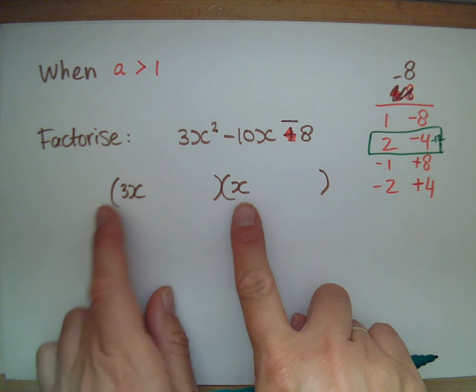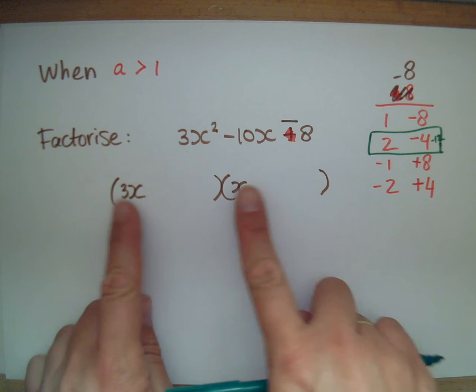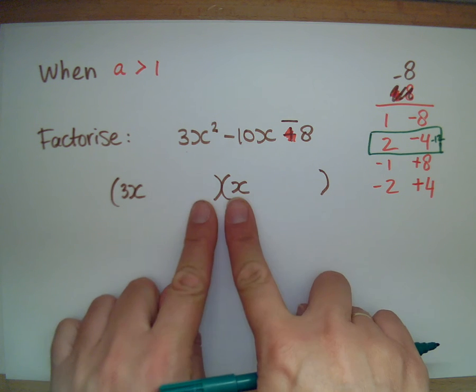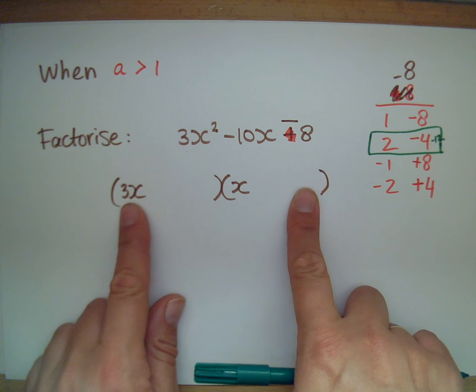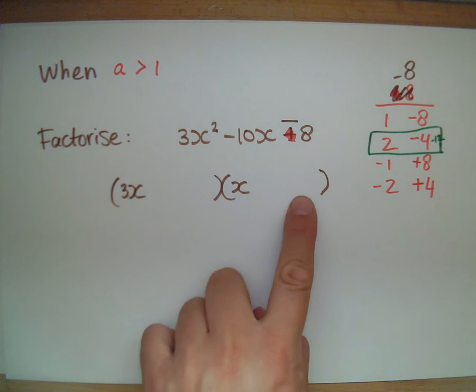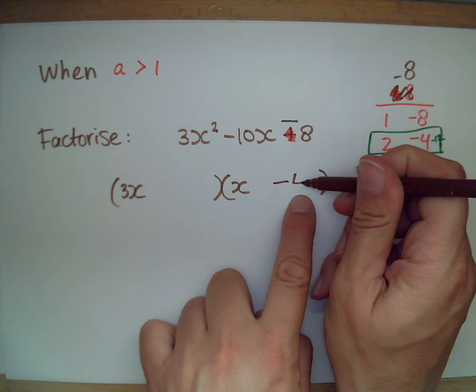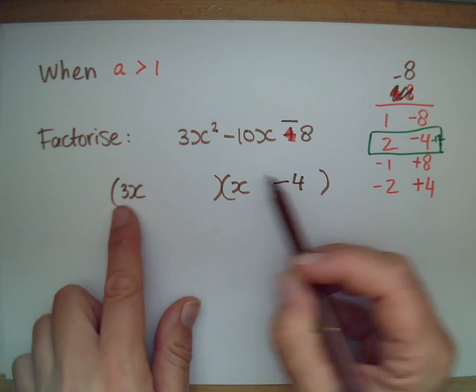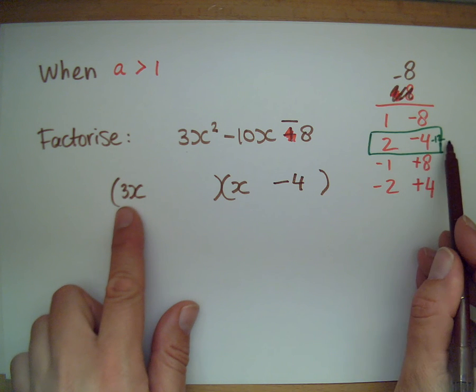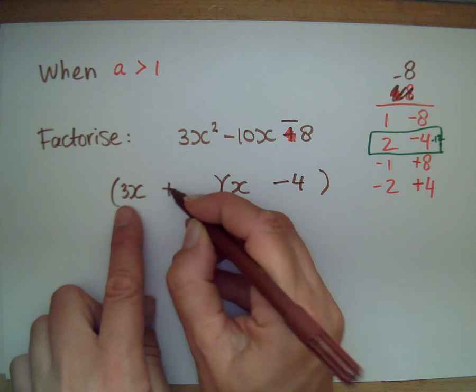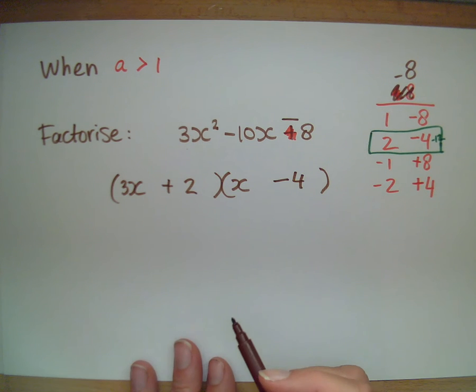So remember, FOIL: first, outer, inner. So this one gets multiplied by 3x. So here I want my negative 4, so that the negative 4 gets multiplied by 3x to give negative 12x. I'm going to put my positive 2 in there.